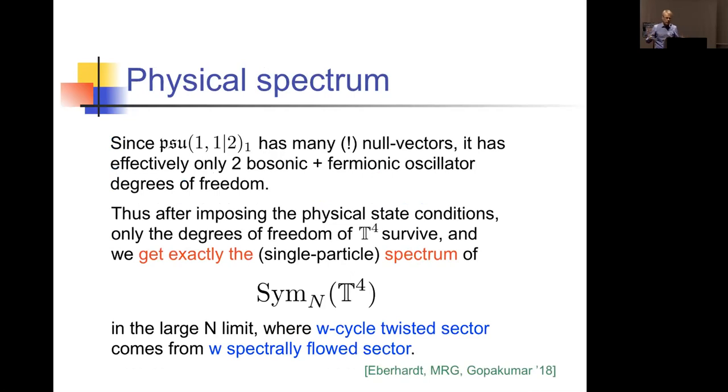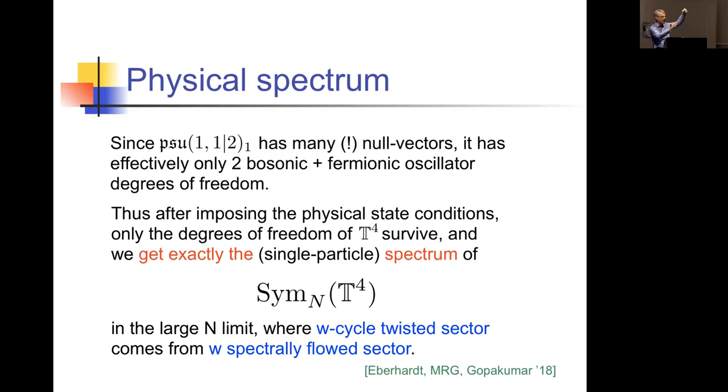Now, again, I could give a whole lecture to explain to you how you exactly get the symmetric orbifold spectrum out of this, but there's basically an easy way to think about how this works. So think about it. U(1,1|2) has 4 symplectic bosons. But I told you, you have to divide out by this U1 generator, because you want to describe PSU rather than U. So when you divide out by the U1 generator, you basically lose 2 of the bosons, like you usually do in string theory.